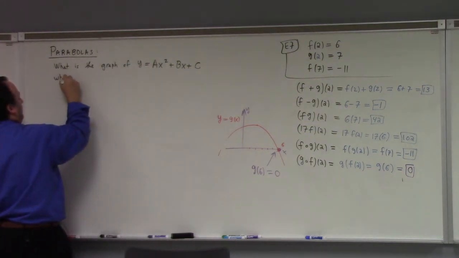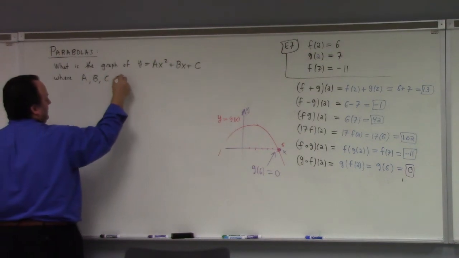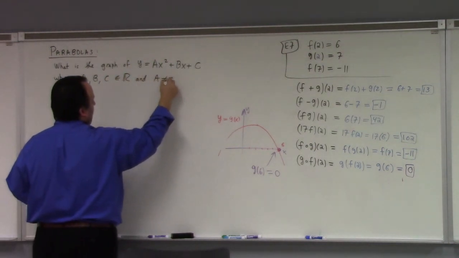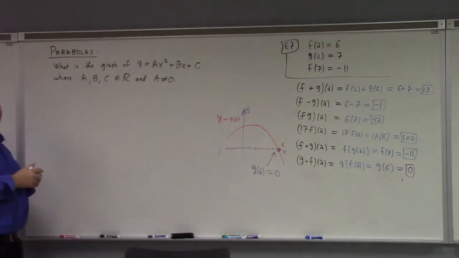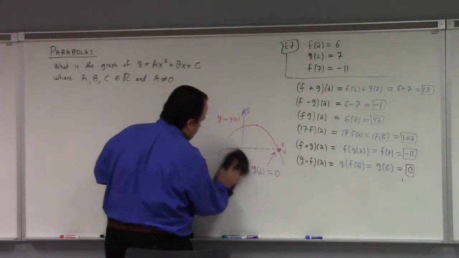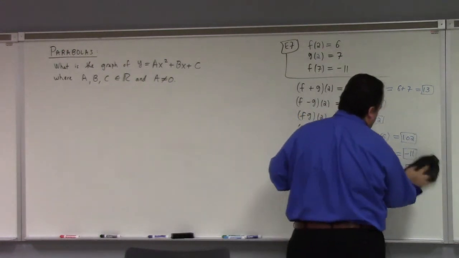Where a, b, and c are real numbers. And we also know that a is not equal to 0. Right? So what is it? What can you say about the graph here? In other words, how do we graph a parabola?